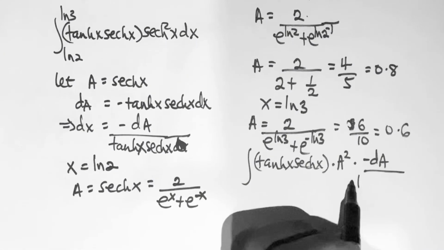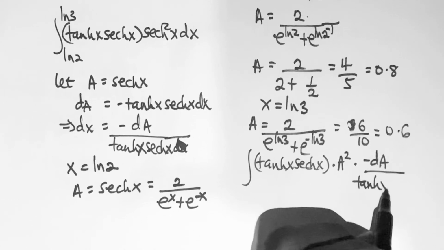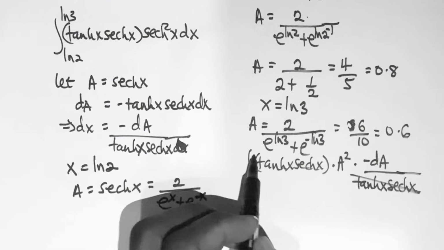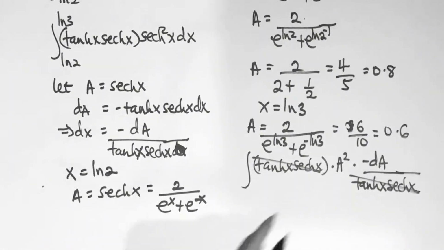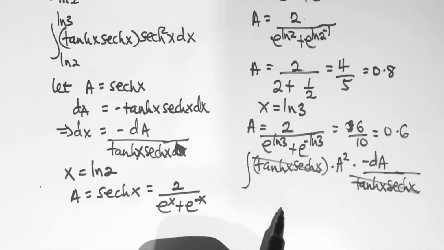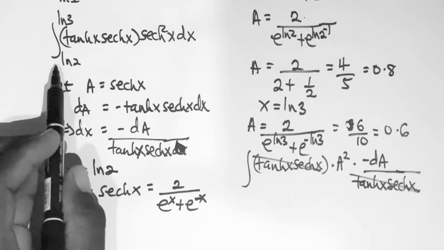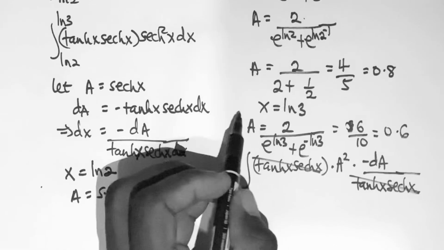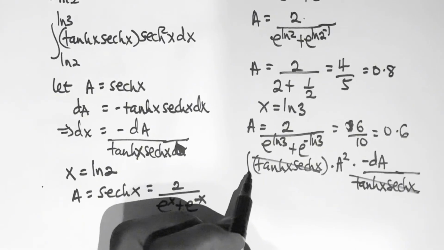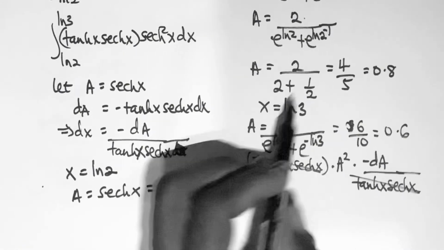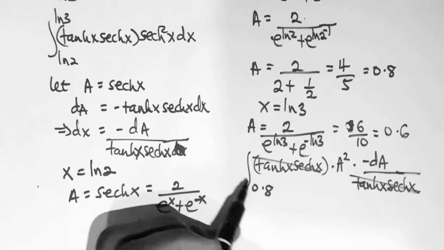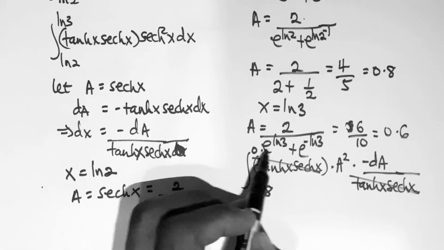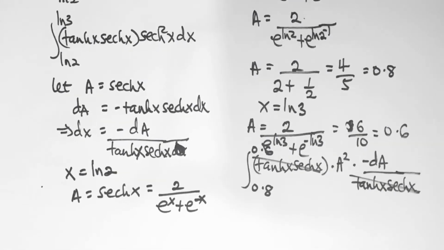So here is hyperbolic tan x sec x, and that and that will cancel out. However, there is something that we missed. Remember that the integral is from ln 2 to ln 3. When x is equal to ln 2, a is equal to 0.8, and when x is equal to ln 3, a is equal to 0.6. So we need to show the limits there.